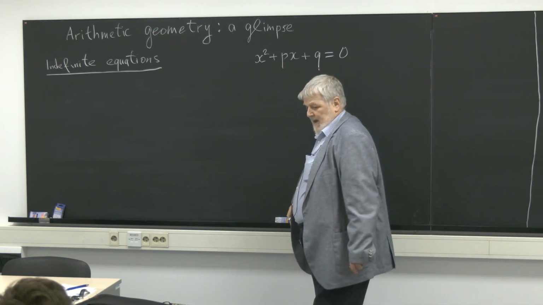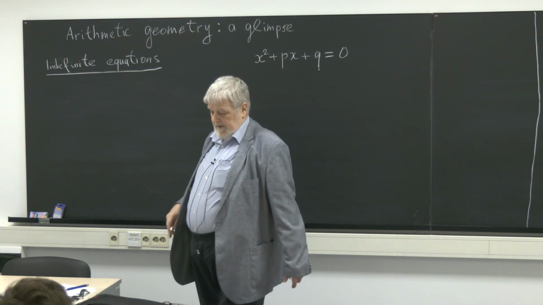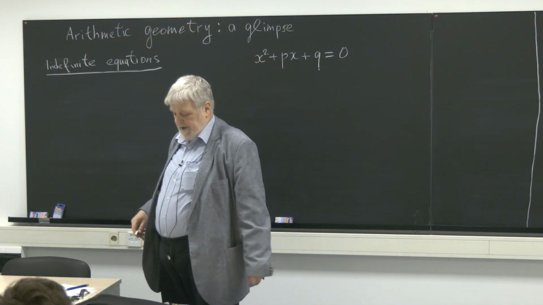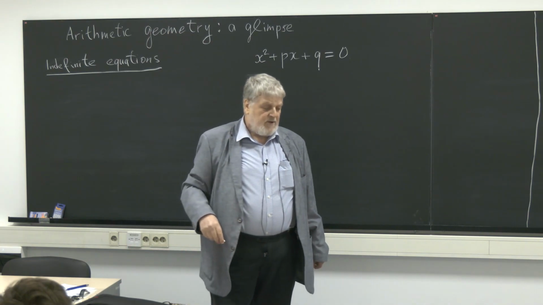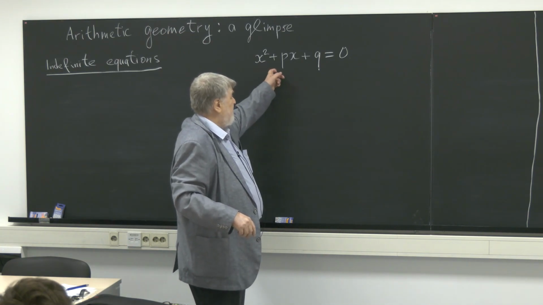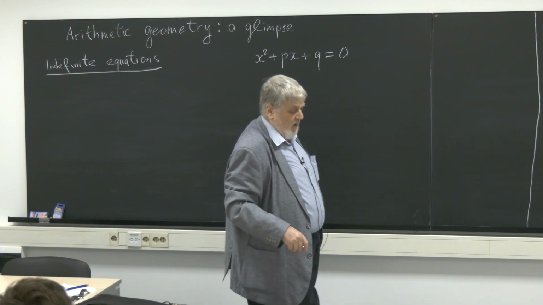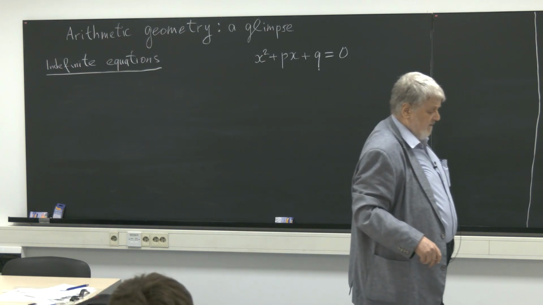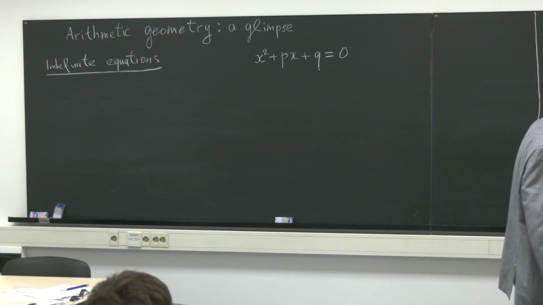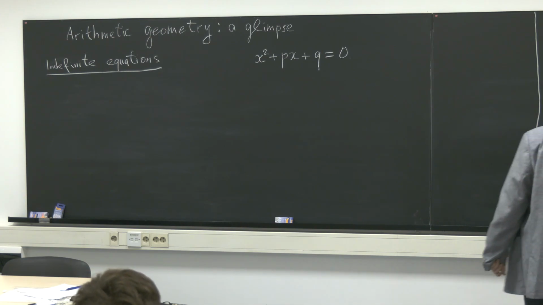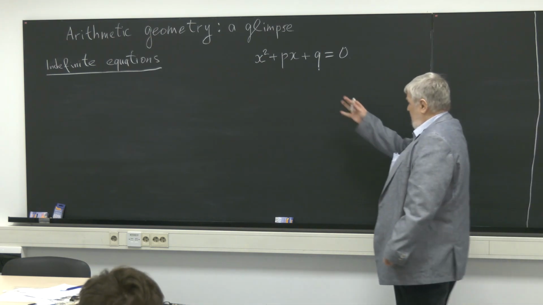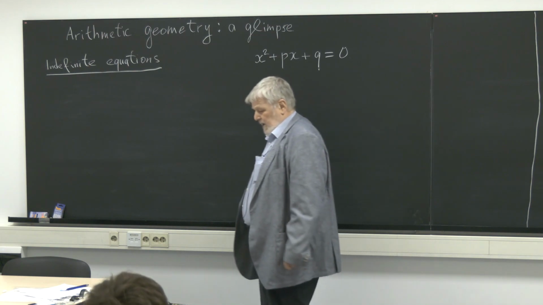I mean, not specifying the meaning of the three letters that participate here. Perhaps you understand, all of us are trained in school in such a way that we understand that the roles of these three letters are different. Two of them are called coefficients. One of them is called unknown.